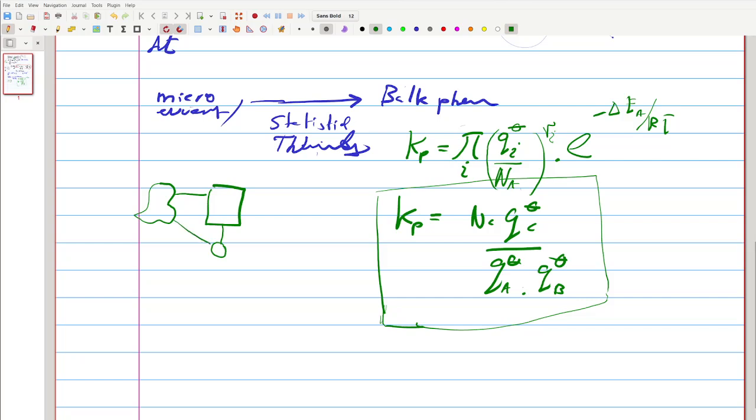Okay, let us use different colors just because we can. And there are these bonds, right? Let's say this is A, this is B, and the whole thing is your activated complex.